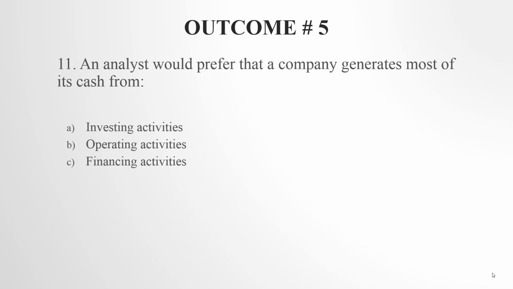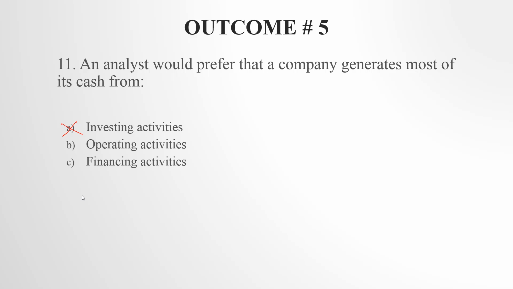Investing activities refers to acquisition and disposal of long-term assets, such as plant, property, and equipment. Now, this is not a sustainable source of cash flow for the company because a company cannot keep selling its plant, property, and equipment to generate cash because it won't have anything to produce its goods with. Therefore, A is wrong.